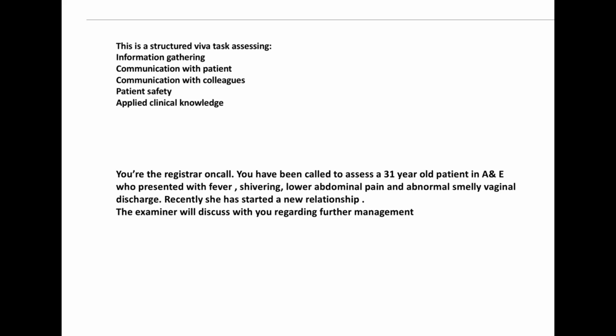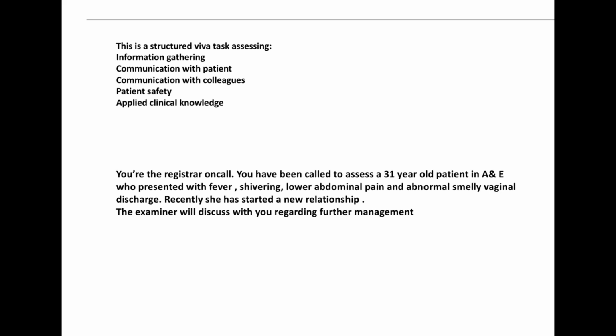So what are the differential diagnoses? Actually, the differential diagnosis can be anything, but because she has a tender or painful abdomen and fever, it can be UTI, it can be acute appendicitis, it can be IBS, okay?